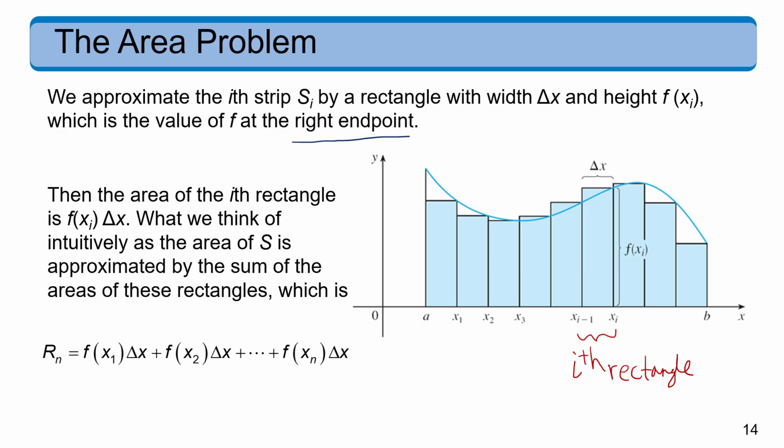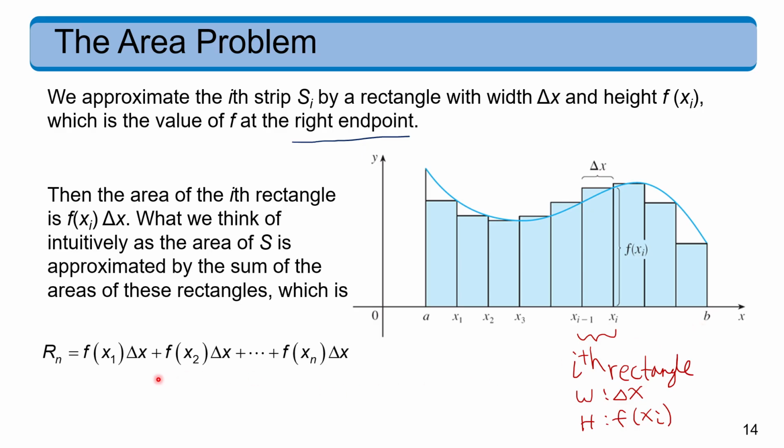Okay, so for the ith rectangle, the width is what we're calling delta x, and the height is f evaluated at the right endpoint at xi. So the area of that rectangle, we can see over here, is just the product of the width and the height. Okay, so by doing it for an arbitrary rectangle, we can apply that same formula to every single rectangle.